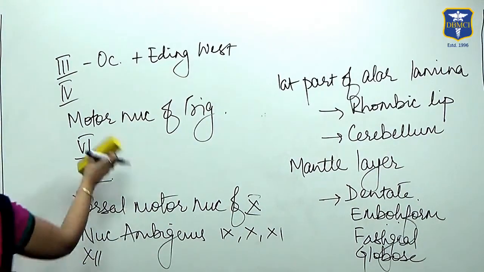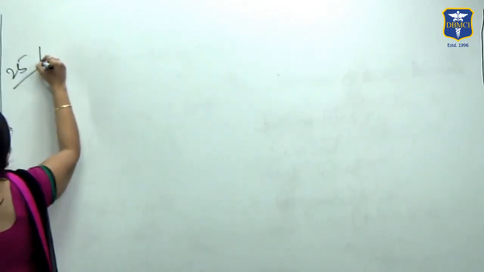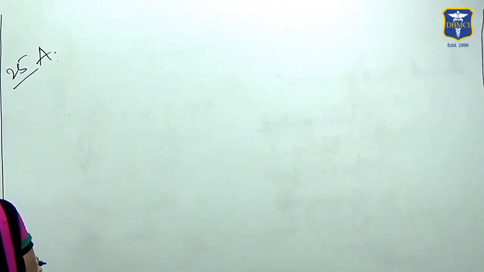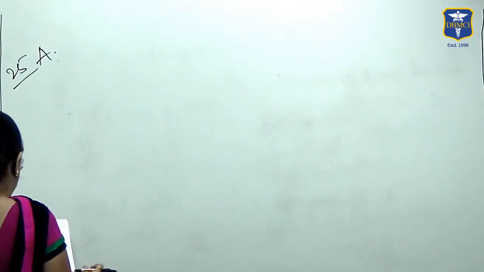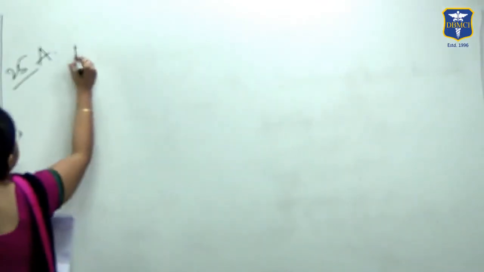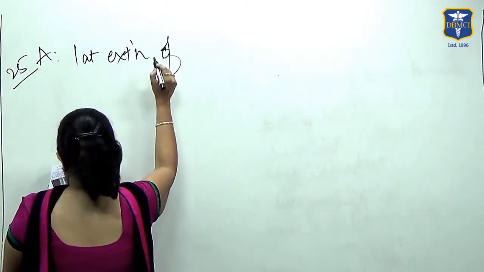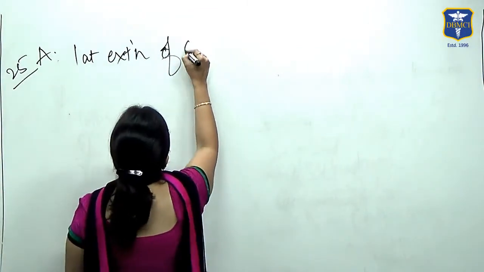Coming to question 25, the answer is A. This calcar avis is associated with the lateral extension of the calcarine fissure.